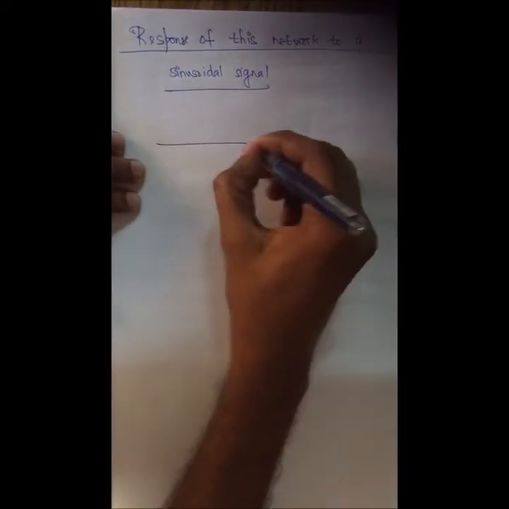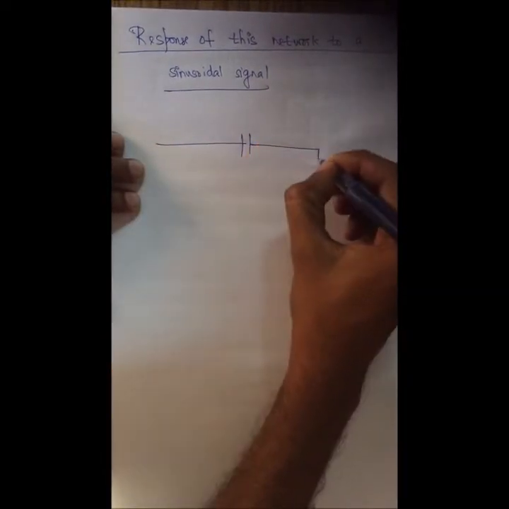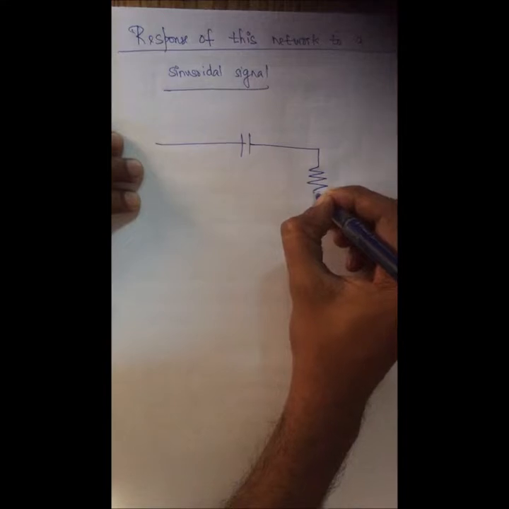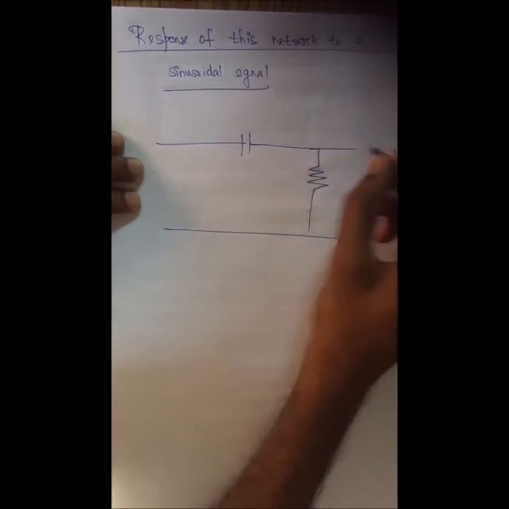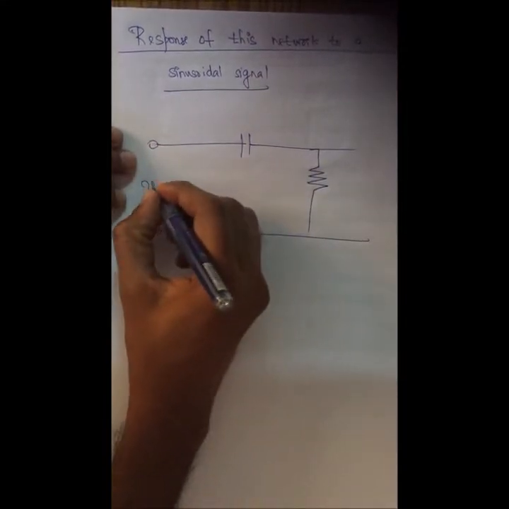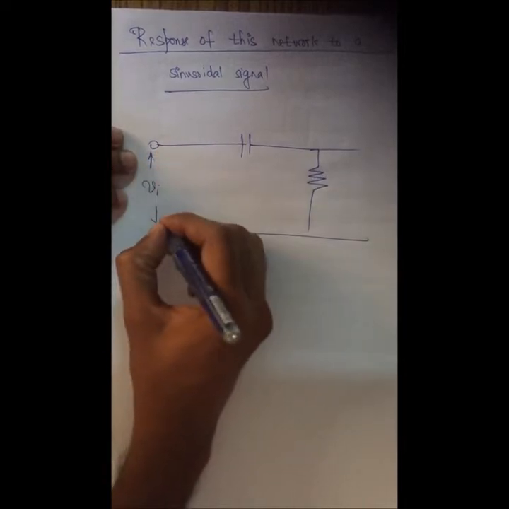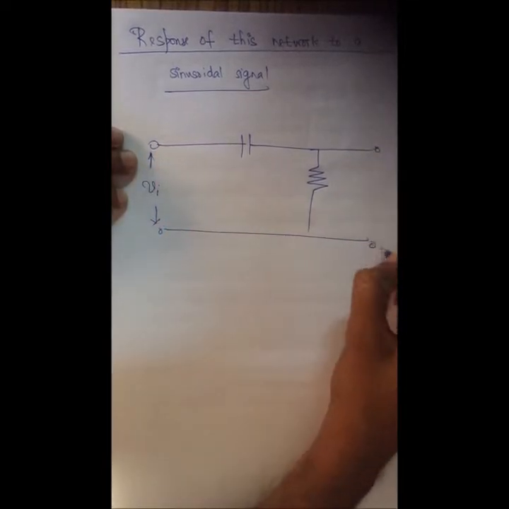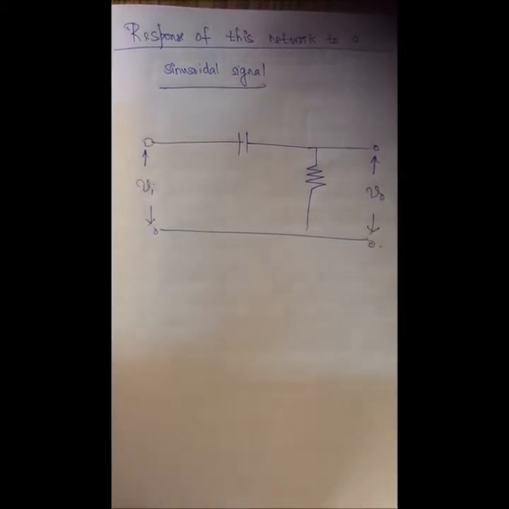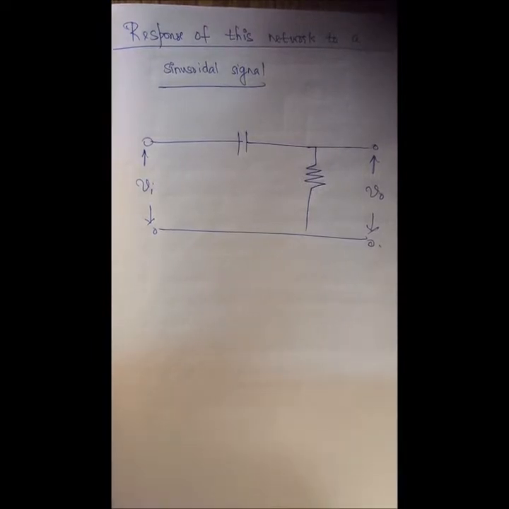Okay, so we'll consider this circuit. I'm going to give an input Vi, which is sinusoidal in nature, and I'm going to check how the circuit would behave for such an input.